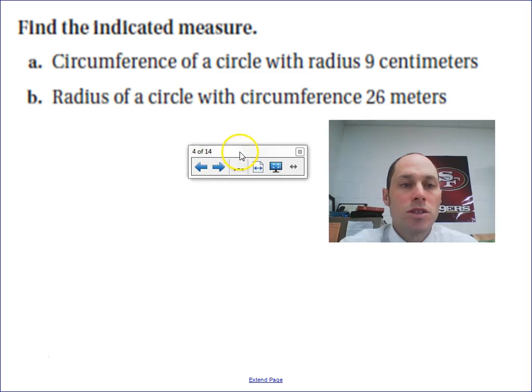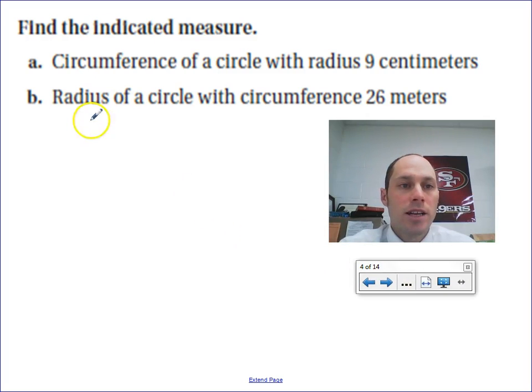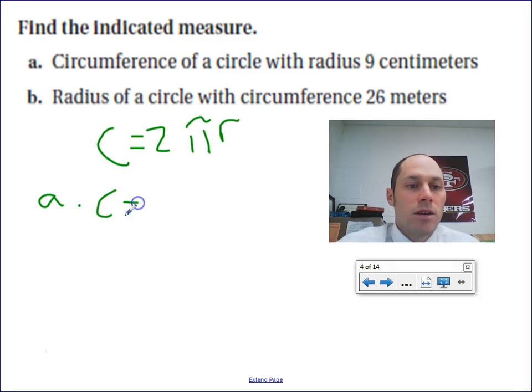Let's just start with circumference and radius, calculating that. So circumference equals 2 pi r. And if we want to calculate the circumference of a circle with radius 9, let's do example A. So I'll just say circumference equals 2 times pi times, well, radius is 9. So I'll just evaluate what I know. 2 times 9 is 18.